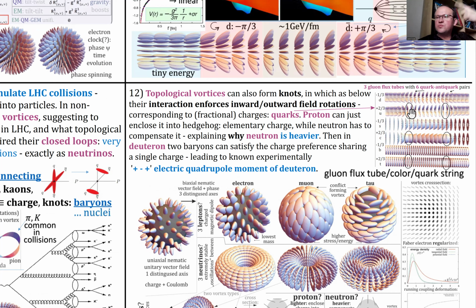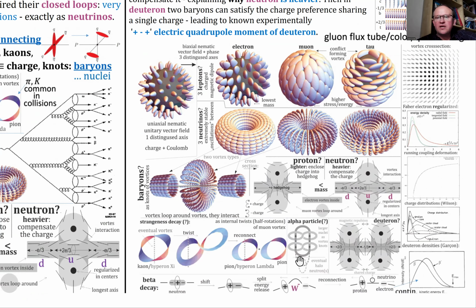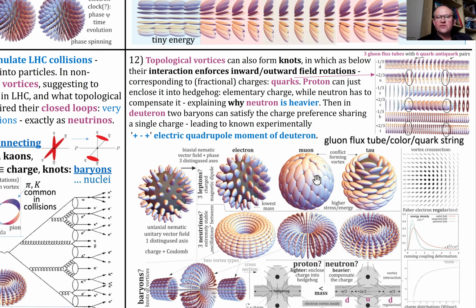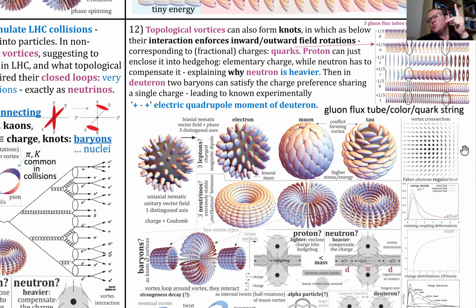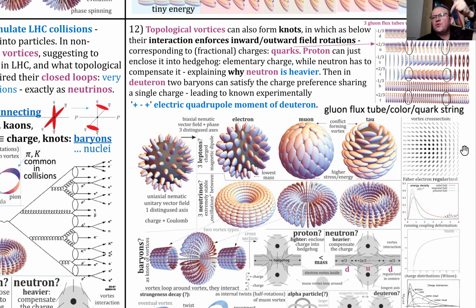This external vortex around can enforce it, and for the quark, for this minus one third, they are like in neutron for compensation. So we can explain why we have three families of quarks, leptons, neutrinos, because we live in three dimensions. So the field has three axes and, for charge, it can be a hedgehog along one of the three axes.